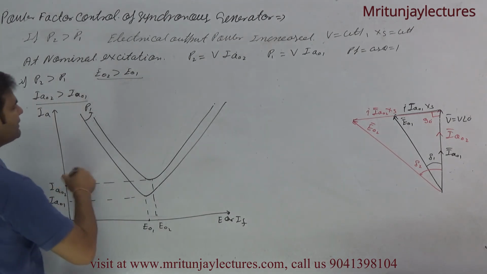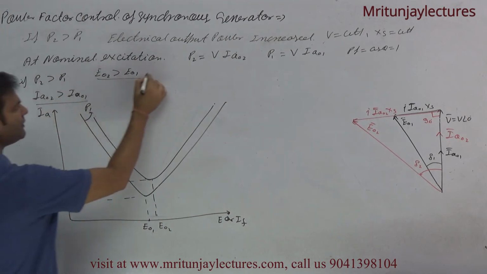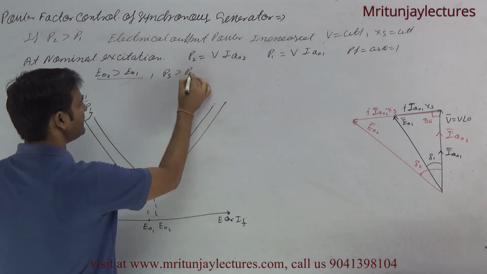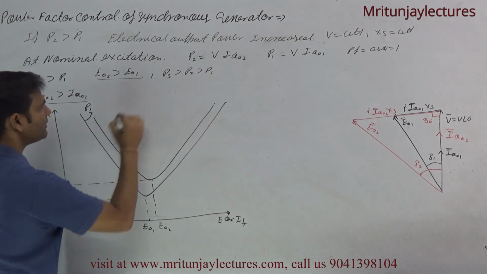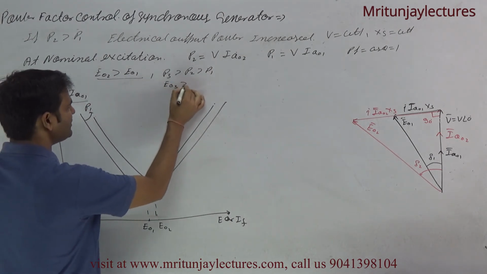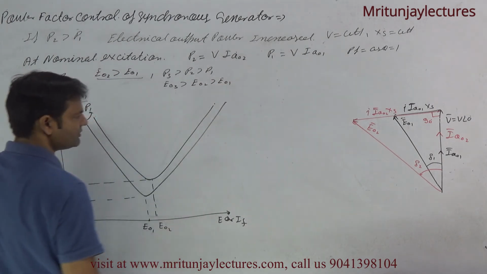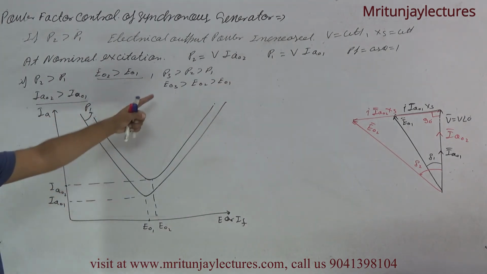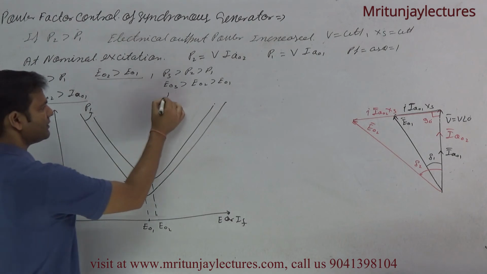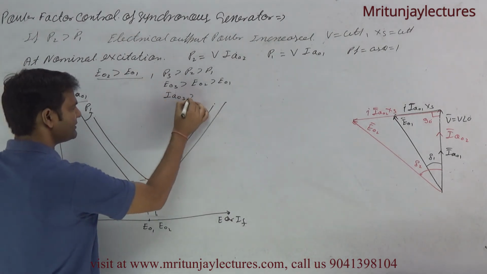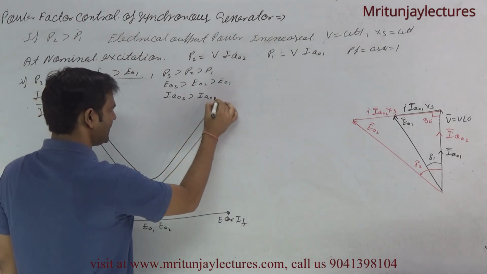Okay, if power increases again, if power P3 is greater than P2, then what about excitation voltage? Same as we got. If any doubt, corresponding to this one we plot. Current IA03 is greater than IA02.